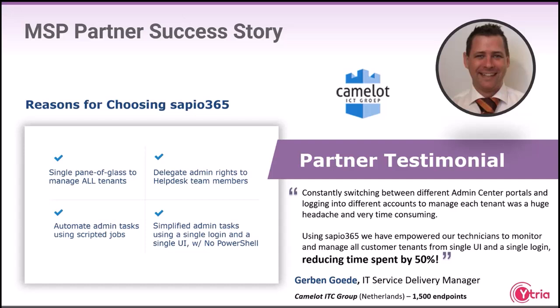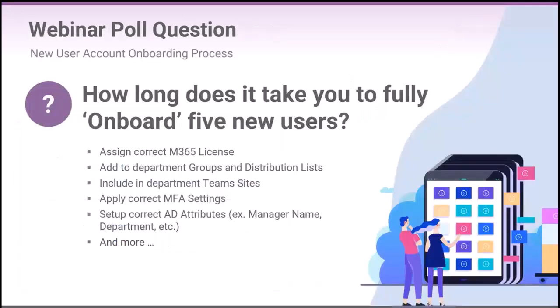So one question for everybody in here that we're going to show you, think about this. We're going to build this into a poll for future ones, but think about this. How long does it take for you guys currently to fully onboard 5 new users? So it's a Thursday, you've got a list of 5 new employees at one of your customers that you have to onboard. You have to go through all of these different steps, right?